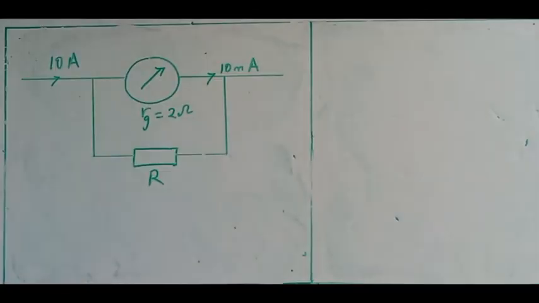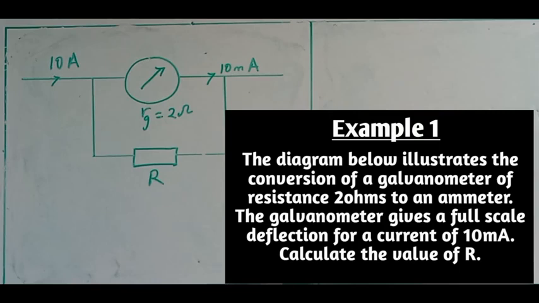Let's take this example. The diagram below illustrates the conversion of a galvanometer of resistance 2 ohms to an ammeter. The galvanometer gives a full-scale deflection for a current of 10 milliamperes.